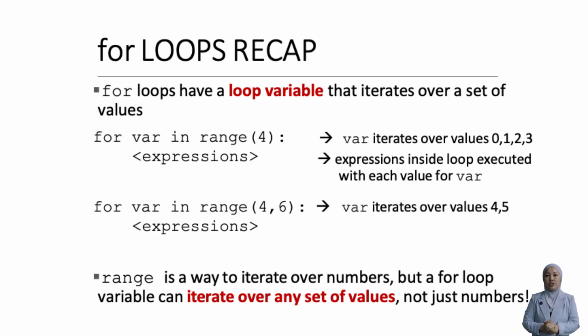The range function generates a sequence of numbers, but here's the powerful insight. The for loop in Python is a sequence iterator. It can iterate over any sequence, a list, a tuple, and crucially for us, a string. This means you can write for char in 'hello', and char will become h, then e, l, l, o. This direct iteration is often cleaner than using indices.